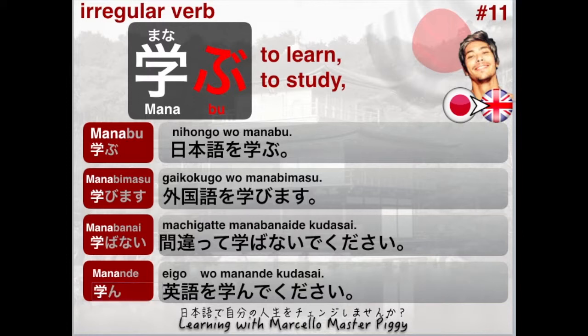Yeah, because this is te and it has to be de, otherwise it becomes manante. Manande, this one. Okay, there we go. So manande is the te-kei. It's te-kei but becomes de because of the verb.